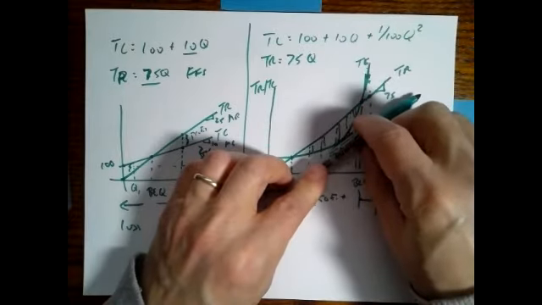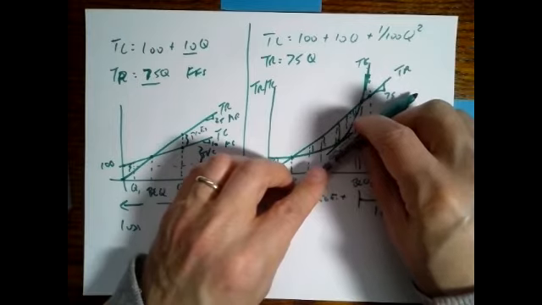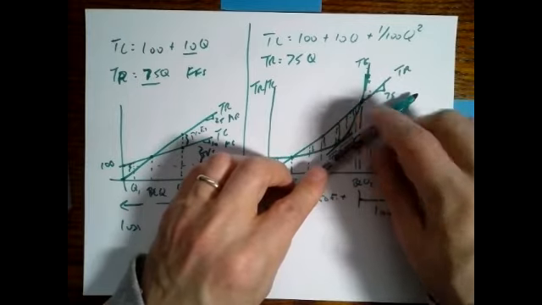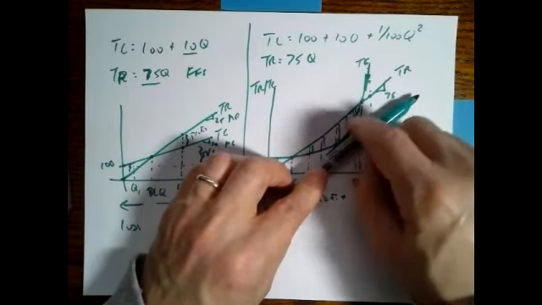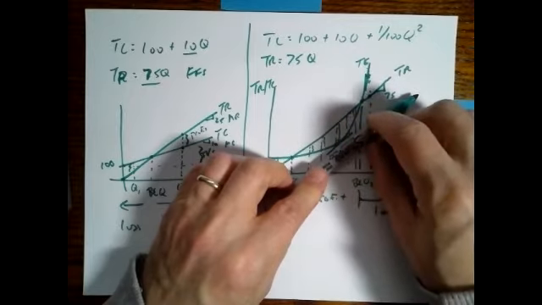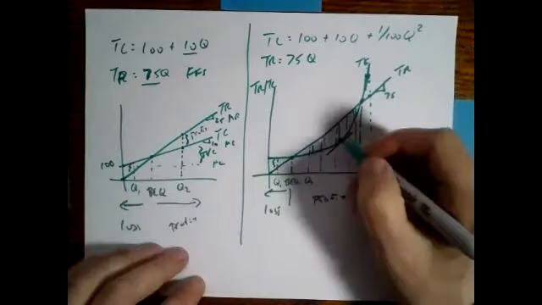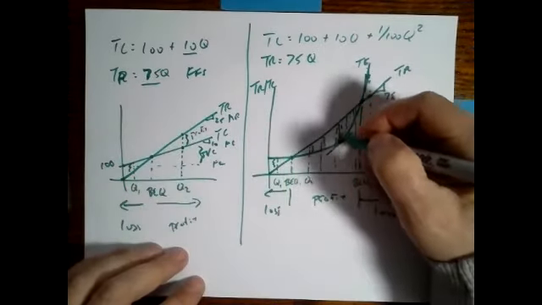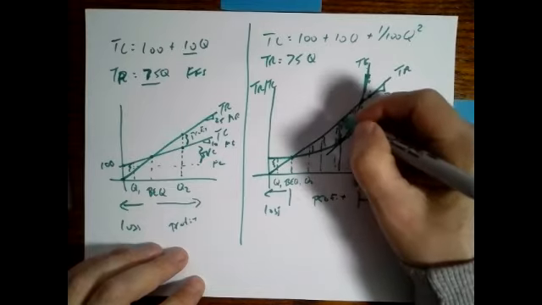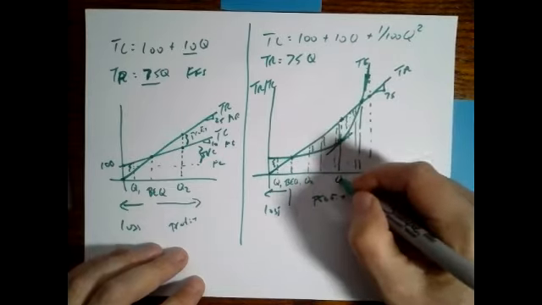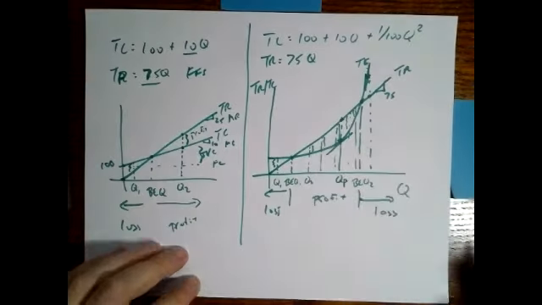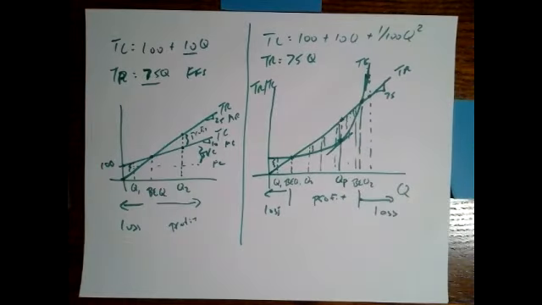And that's the point when I bring it in and find that one point where the pen just barely touches the total cost curve. That's going to be the tangent point where the maximum profit is going to happen. So it's going to be roughly right about there. We'll call that QP for Q profit.